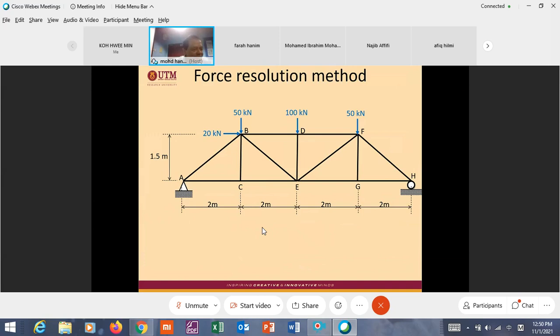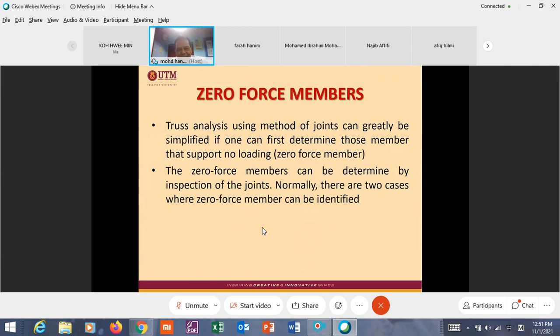Okay, we have another 10 minutes. We have one short topic here. Zero force member. There is no calculation. It is just a topic of observation. You can just observe and then you can decide whether a member is zero force or not.